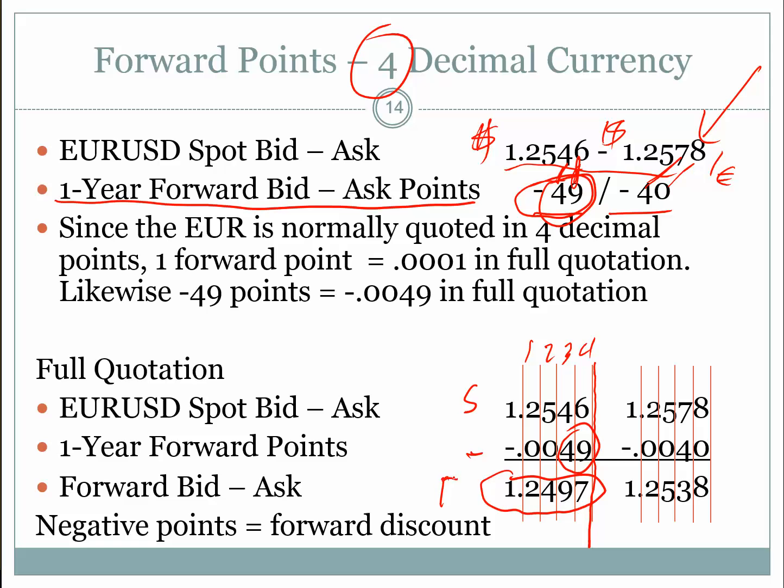So that's my forward price. And if the quote were negative 40 points on the ask, the 40 goes to the last 2 decimal places. So I'm going to right justify 40 against the 4 decimal places in the spot and subtract 0.0040, like I subtracted 0.0049, to get the outright quotation.